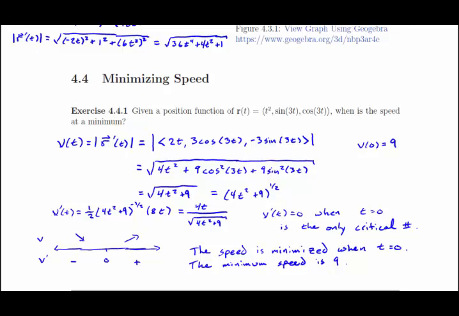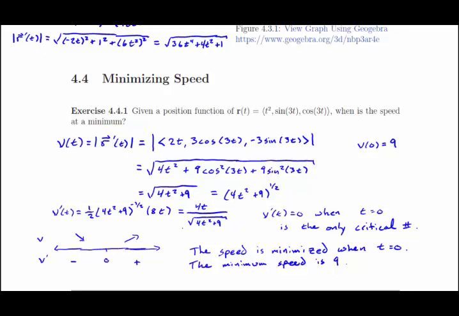So little v of t prime equals 1/2 times (4t squared plus 9) to the negative 1/2, times the derivative of the inside, which is 8t, equals, I'm going to put the negative 1/2 exponent as a square root in the denominator, and the 8t reduces with the 2 to give us equals 4t over the square root of 4t squared plus 9.